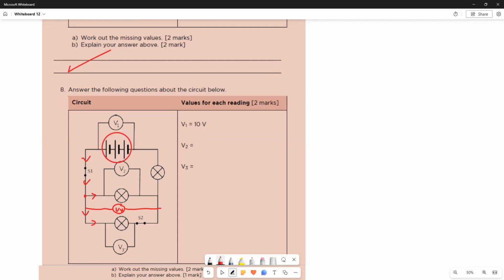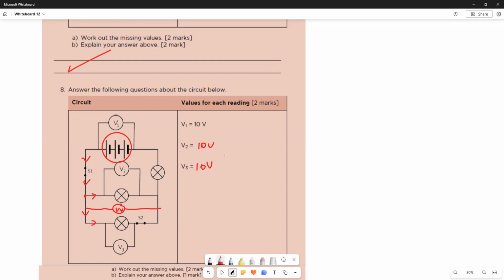And then remember, these 2 voltmeters can be replaced with 1 voltmeter. And then this voltmeter will be 10 volts because it's the only voltmeter on the circuit, right? And let's see basically here. Yes, so this will be 10 volts and that will be 10 volts.